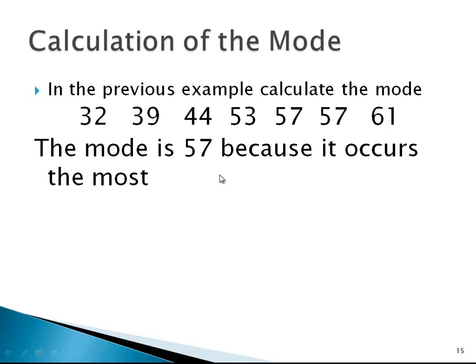If in the previous example there was an extra person, and now they have 8 employees, then we take the median as the 2 numbers in the middle divided by 2.